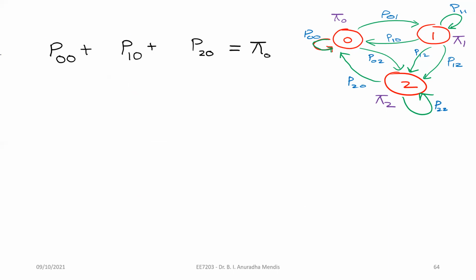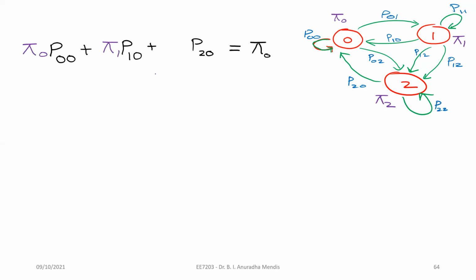Because if you are at 0 and then again go to 0 with probability P00, you should be at phi naught state. In order for the P10 transition to happen, you should be at the phi 1 state.